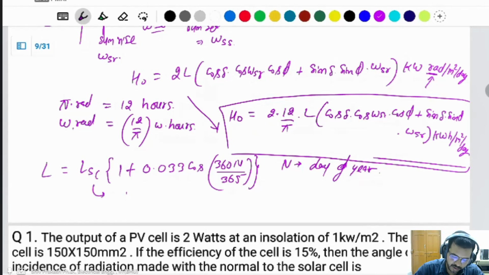LSC is the standard, kilowatt per meter square, the standard of 1.37 kilowatt per meter square. And you can calculate the L directly by using this.